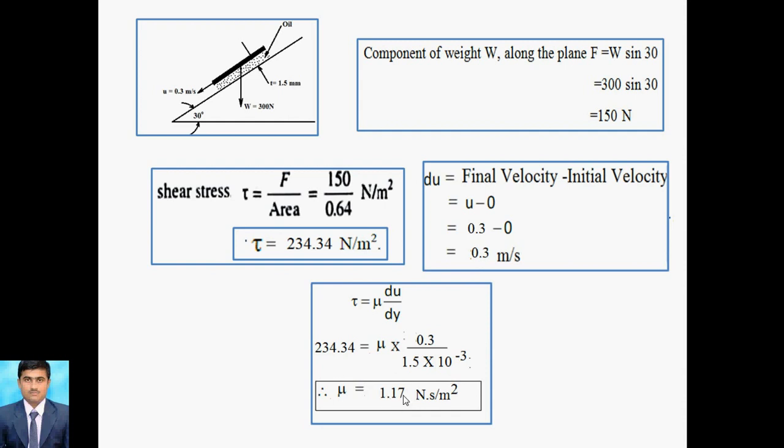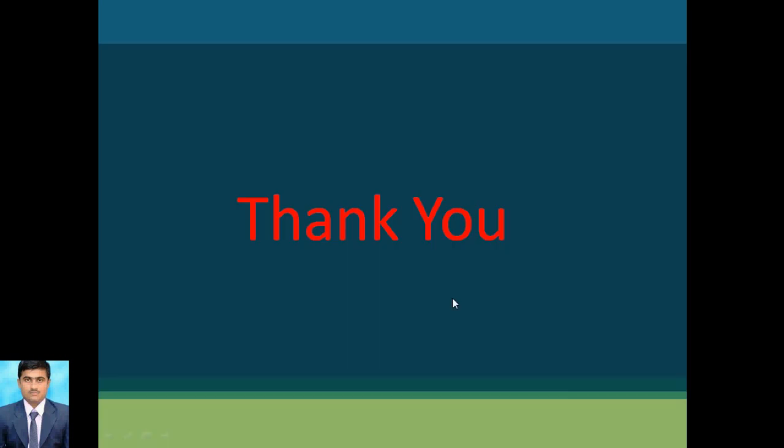So this is Newton second per meter square. So this is regarding all the problems. Thank you. In the next lecture we will discuss the remaining properties and different numericals.